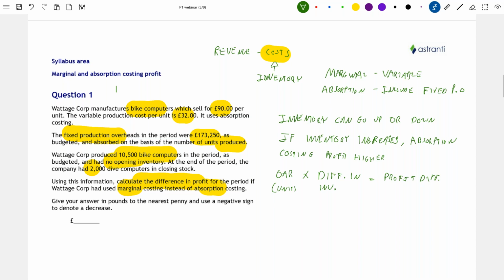So if the difference in inventory is an increase in the inventory, multiply that by the overhead absorption rate, then this is the amount by which the profit is greater under an absorption costing system.